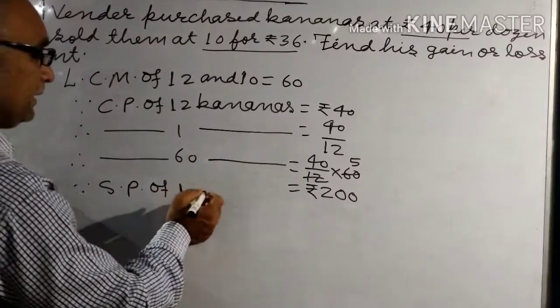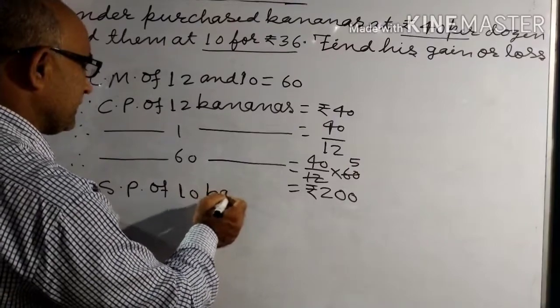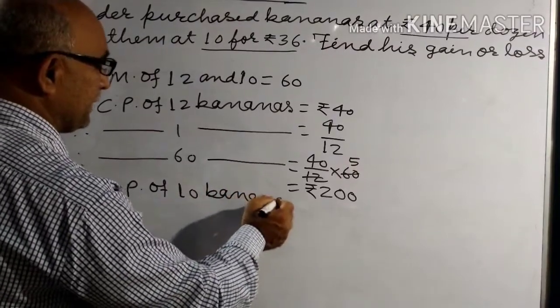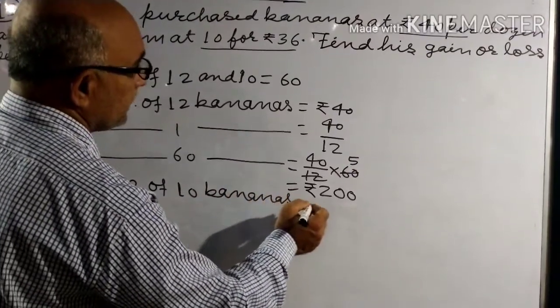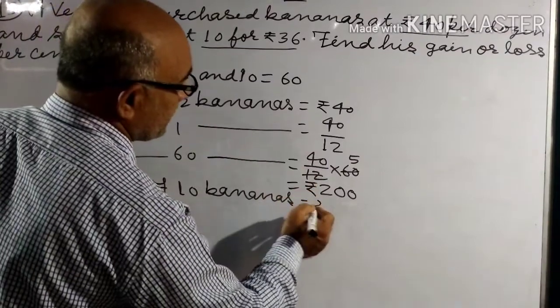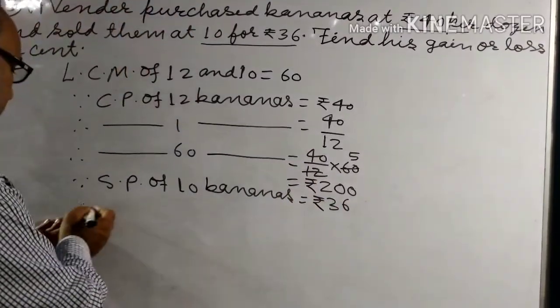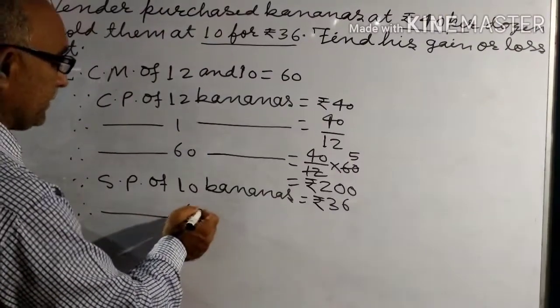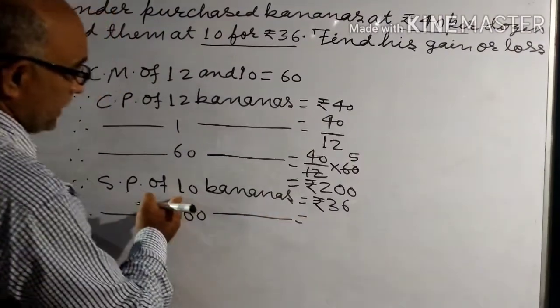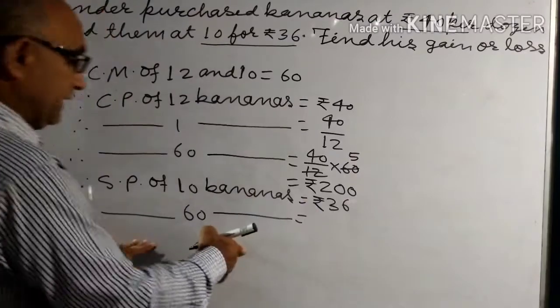Now, since SP of 10 bananas is equal to rupees 36, therefore SP of 1 banana is 36 by 10.